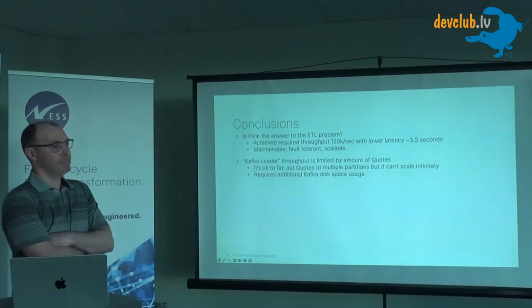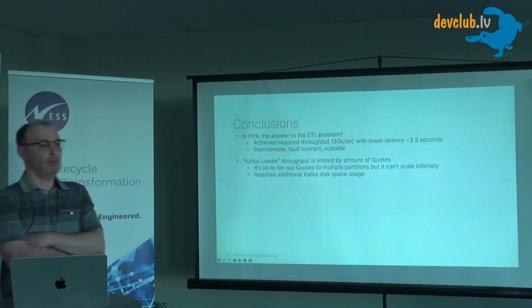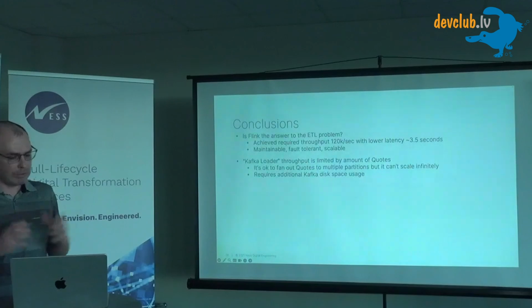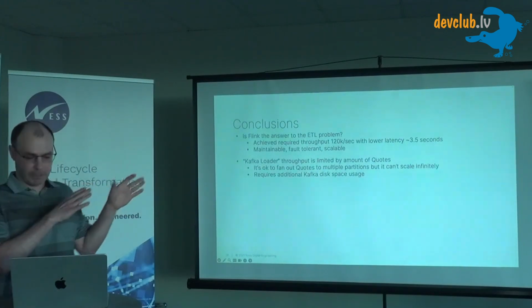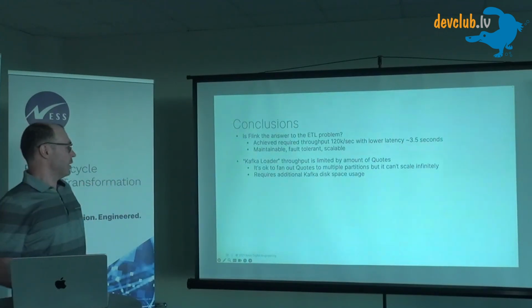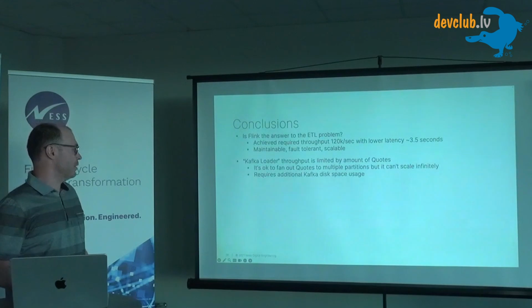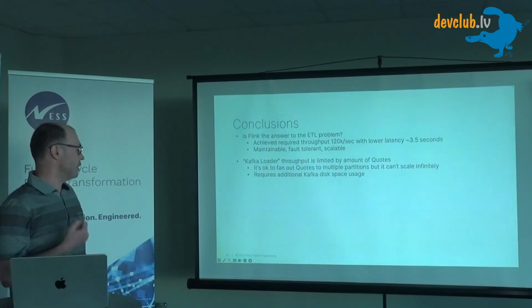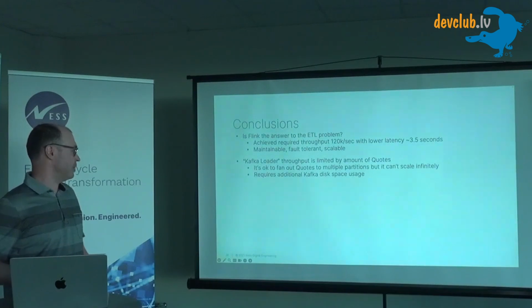With 64 partitions, we could have 120k messages per second. So our throughput on the Kafka loader side, not on the Flink side, depends on the number of partitions in Kafka. And of course, since we broadcast quotes, it requires additional Kafka disk space usage.